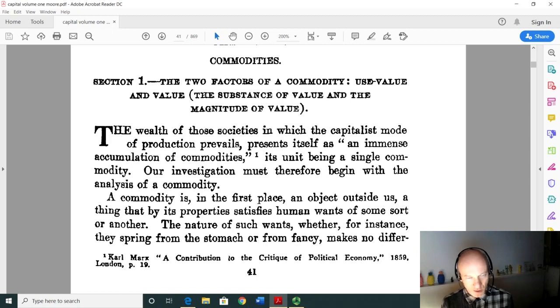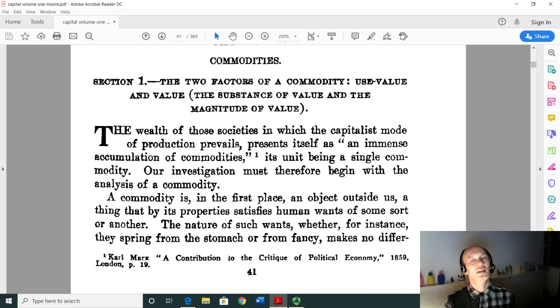And then he gives another hint as to how he considers this mode of production. He says societies in which the capitalist mode of production prevails. Now prevails obviously tells you that there might be other modes of production in existence at the same time in those societies that we're looking at.